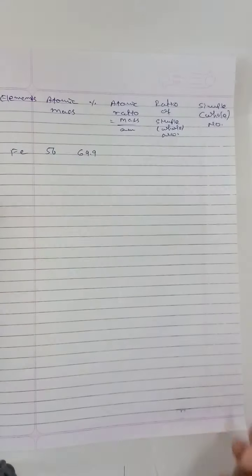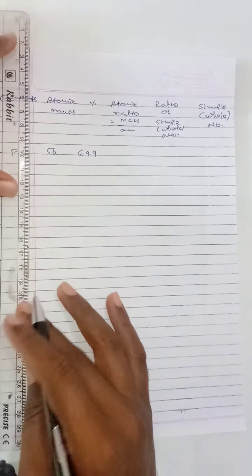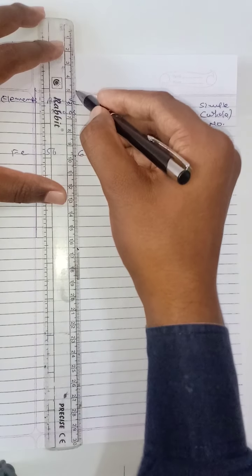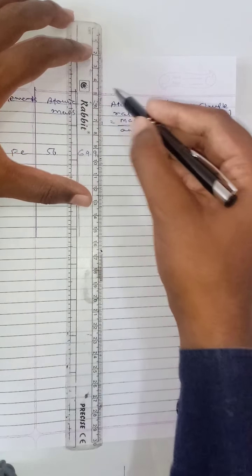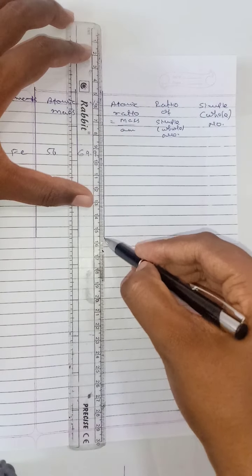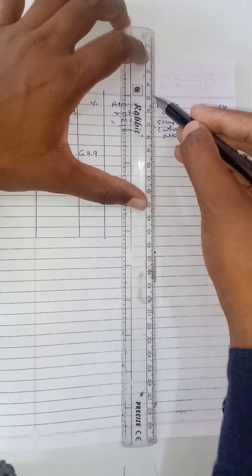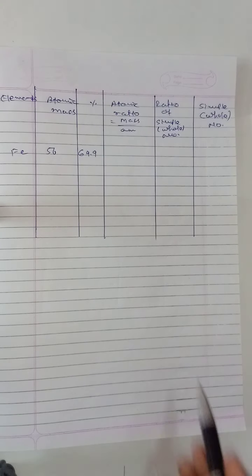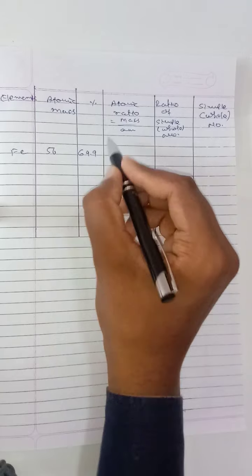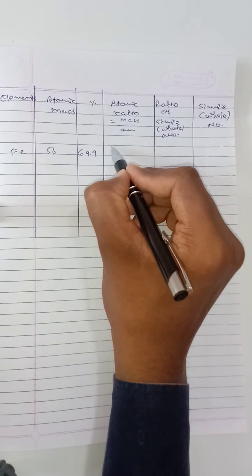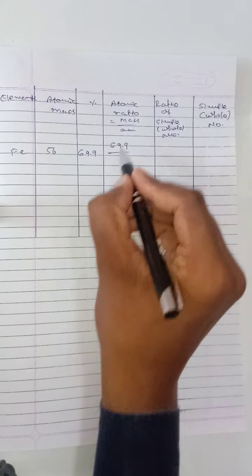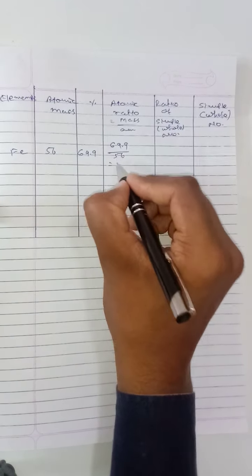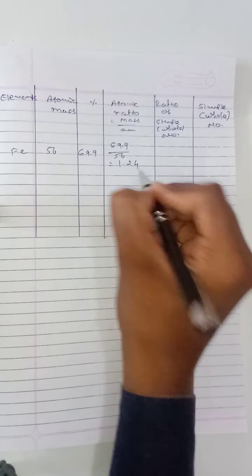Elements, number 1 Fe, its atomic mass is 56, its percentage 69.9. Atomic ratio: mass 69.9 divided by atomic mass 56. From this data, this will be 1.24.